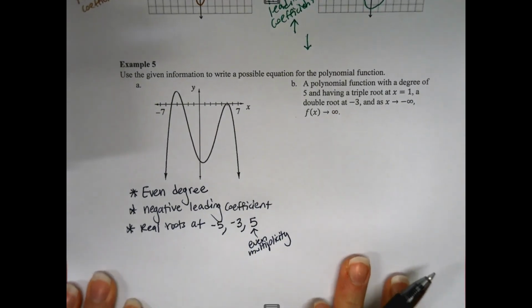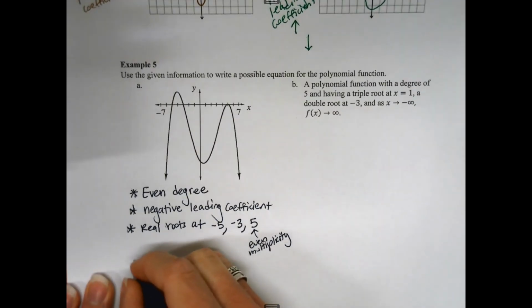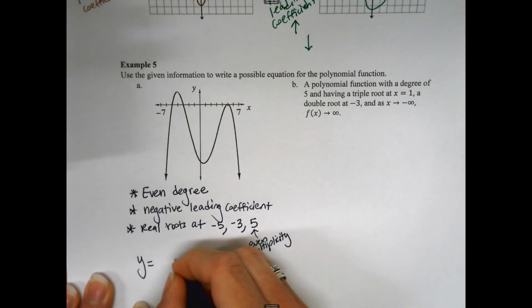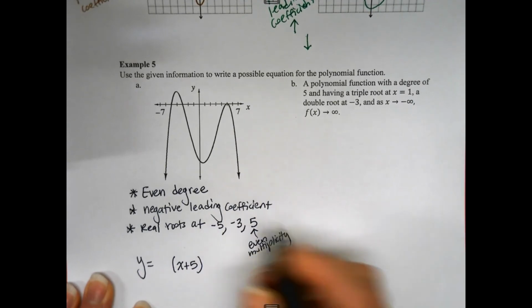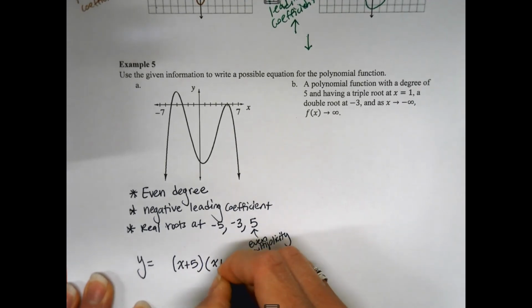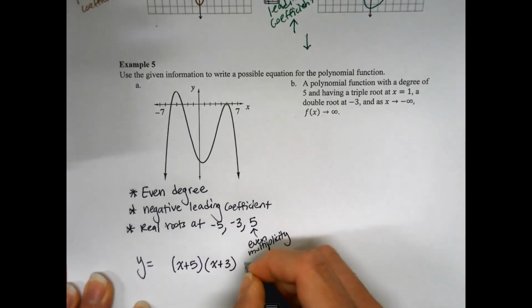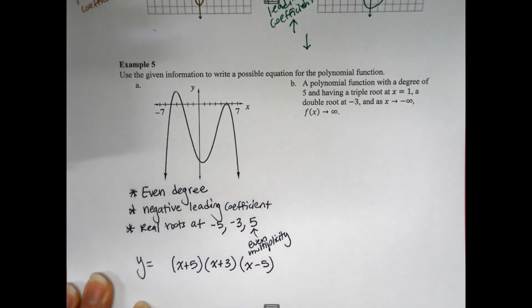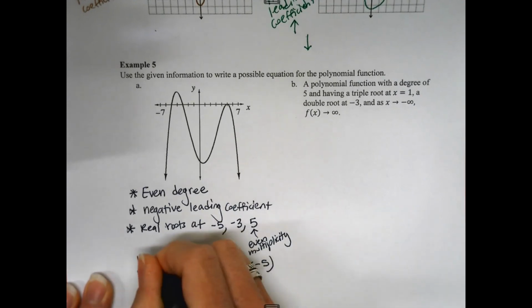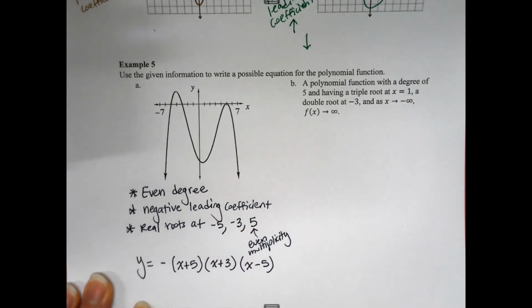So I'm going to write each of my roots as linear factors. So -5 will be x plus 5. -3 will be x plus 3. And +5 will be x minus 5. Since it's negative, I'm going to need a negative out in front.